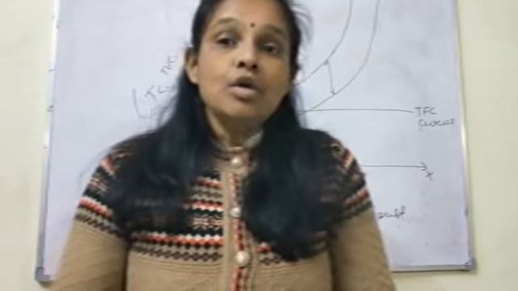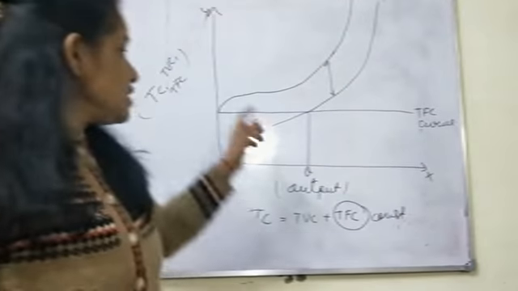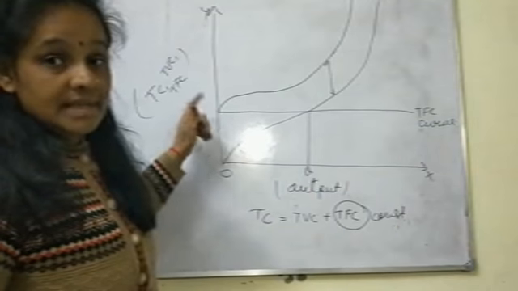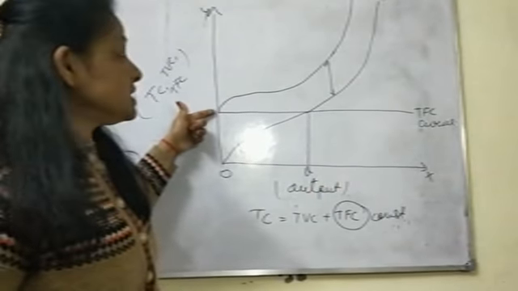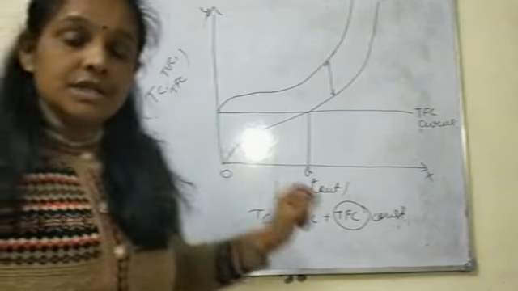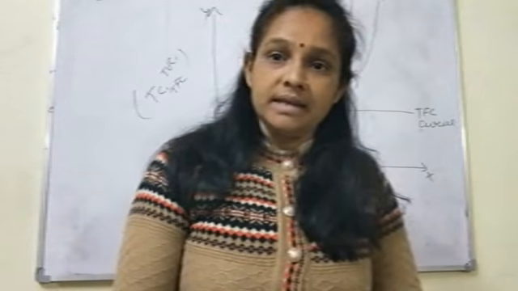That is why both the curves start from the same point on the vertical axis. Full stop. I think you are getting it. Third point.